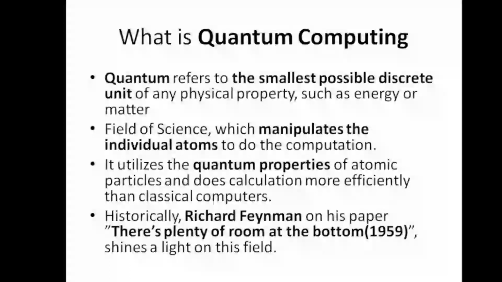The term quantum refers to the smallest possible unit of energy or matter which we can operate upon. In the case of quantum computers, it is atoms. So in quantum computers, we utilize these atoms to do our calculations.